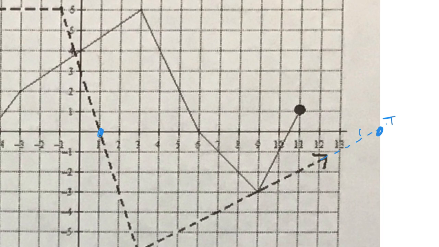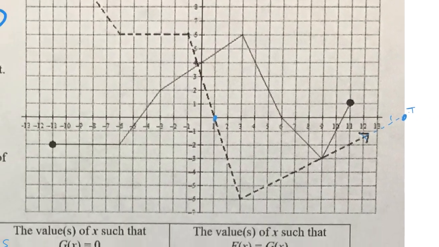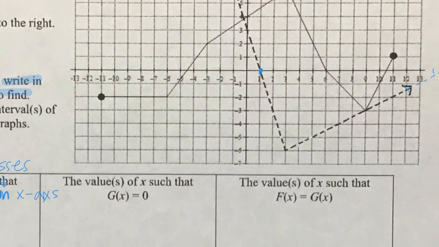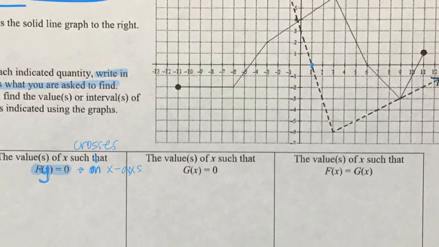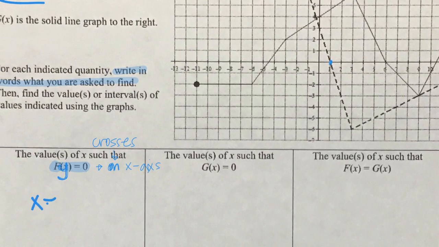Even though it's not explicitly given to you on the graph, our arrow is meant to assume that it continues on forever in that direction. Eventually, because it is an increasing function, that's an increasing interval, the graph would in fact cross. So x equals 1 and x equals 15 are the two x values from your graph where y is 0.